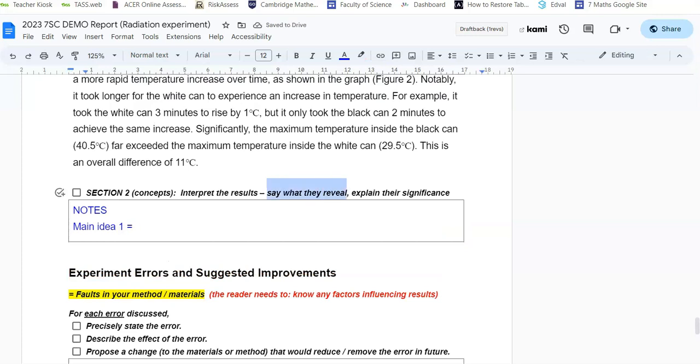There's main idea 1, which is what the results reveal. Now first I think carefully about what I think they mean, and then I think the main idea is that lighter coloured materials are much slower to absorb heat than the black coloured materials.